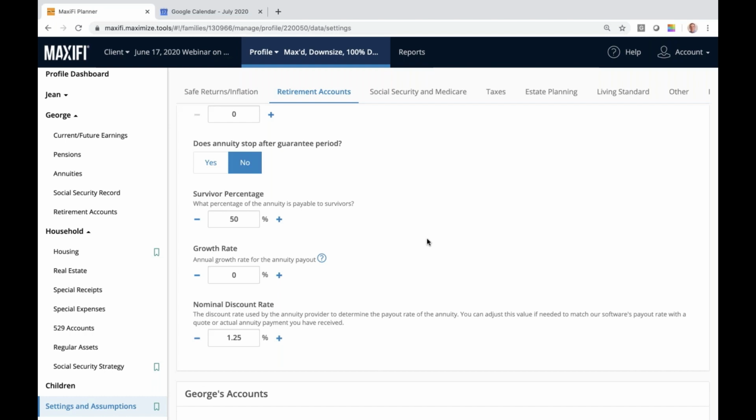Now that's described by a lot of annuity companies, insurance companies, as some inflation protection. It's not really inflation protection because if inflation is 20% this year, your annuity is still going to go up just by 3%. So this is not real inflation protection.